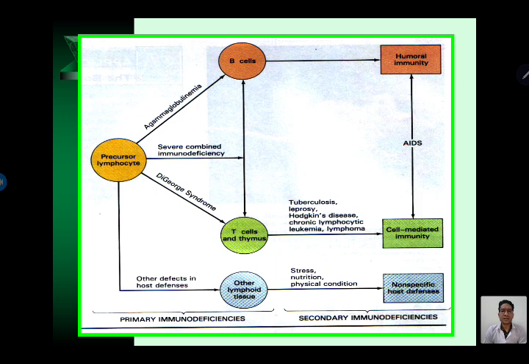On the other hand, other defects in host defense, other lymphoid tissue, distress, nutrition, physical conditions, which are non-specific host defense. So this picture is divided into the primary immunodeficiencies and the secondary immunodeficiencies.